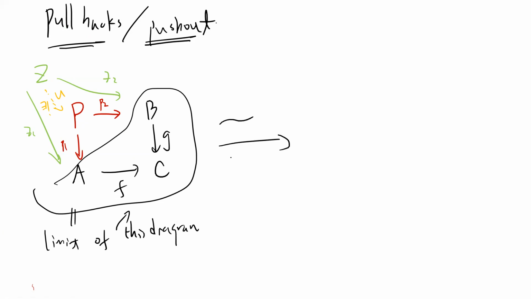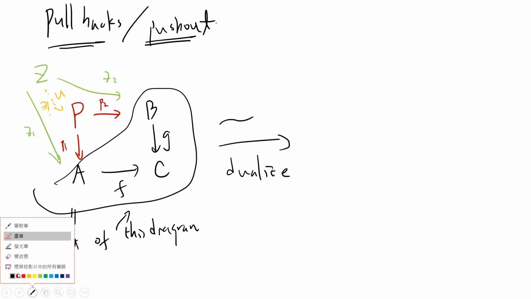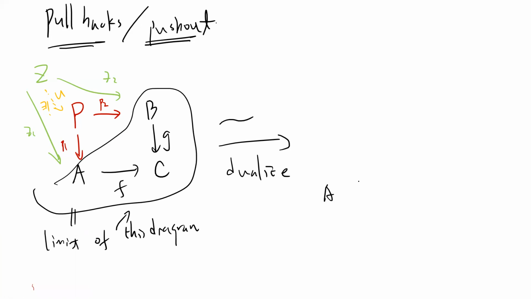Okay, and then you can dualize. Dualizing, you get a pushout. So if you have A, B, and C, and maps G and F, you can define a pushout, which should be here.